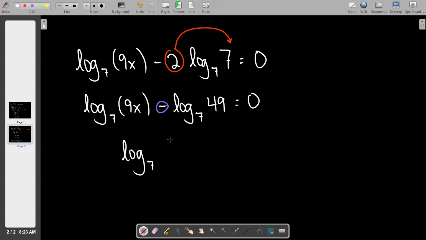Like I alluded to earlier, division isn't always going to be cute and pretty. You're going to get some bad stuff. In this case, we just get log base 7 of 9x over 49. Not all division problems were actually meant to be really divided.